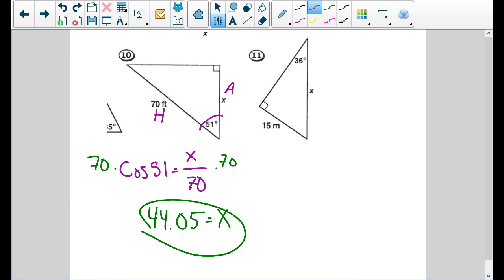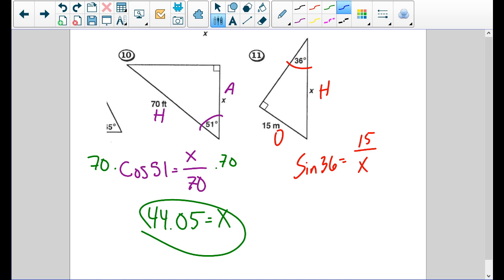Number 11, last one here. 36. So let's label what we have. 15 and x, what are they? 15 for X is hypotenuse and opposite. So O and H again. What uses OH? Sine. So sine of the angle measure, 36, equals O, 15 over H, X. What happens when that X is in the bottom?